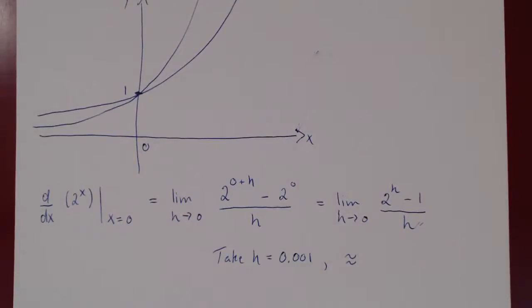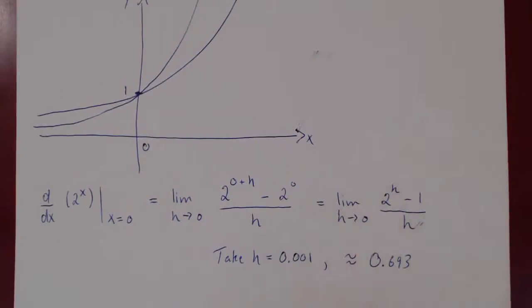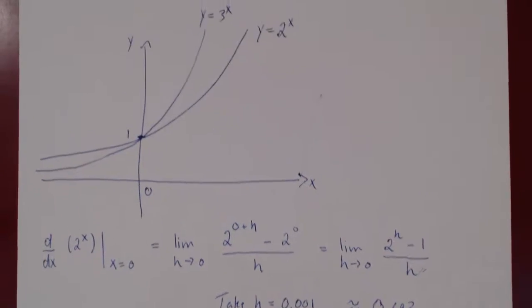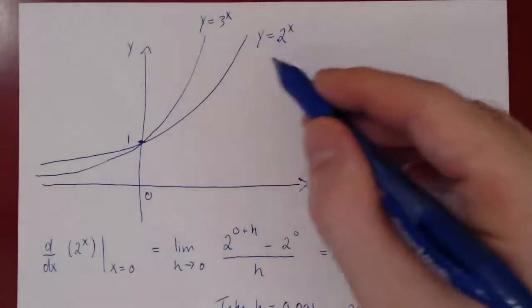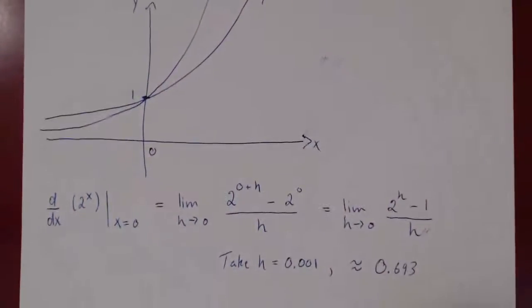With the help of your calculator, you will find approximately 0.693. So roughly speaking, this is only an estimate of the derivative of 2 to the x at the point 0. So roughly speaking, the slope of y equals 2 to the x at x equals 0 will be a little smaller than 1, roughly 0.693.